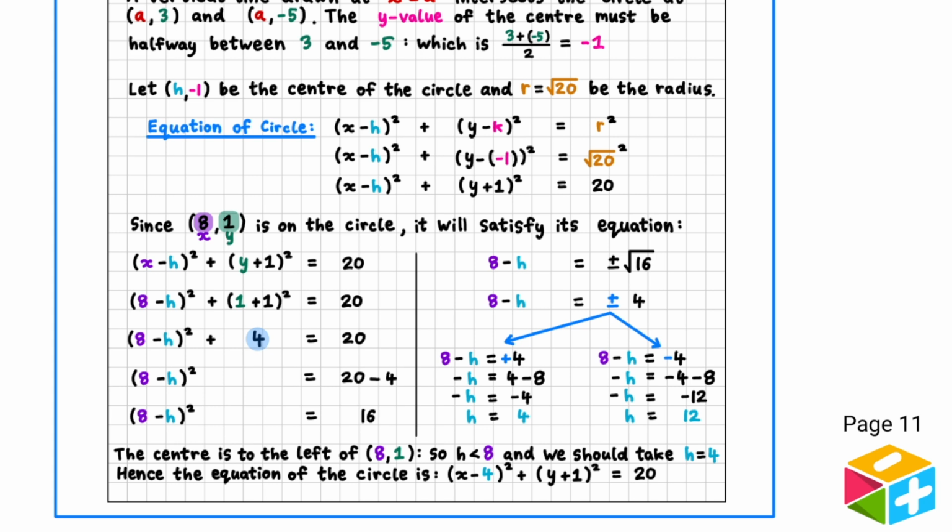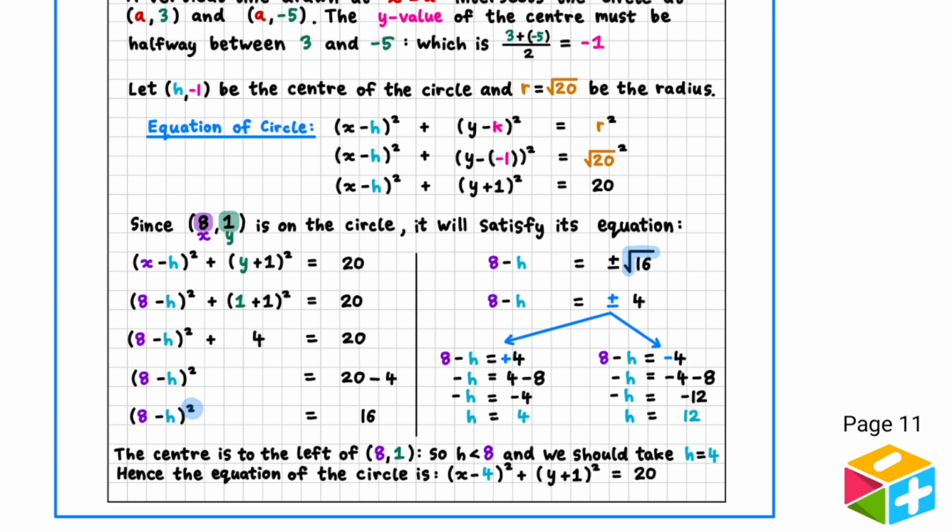The plus 4 on the left can be removed if we subtract 4 from both sides. 20 minus 4 is 16. The square on the left can be removed if we square root both sides. We have to be careful and write in a plus-minus sign here.